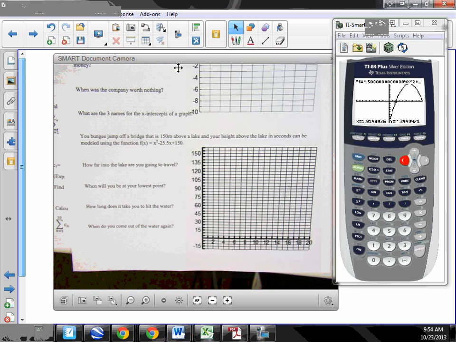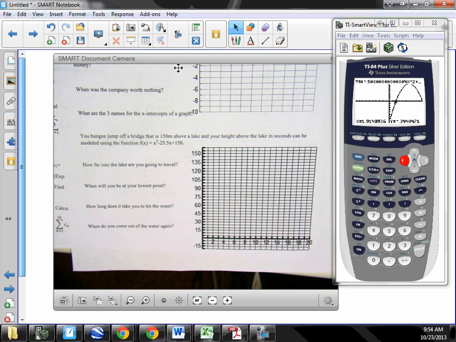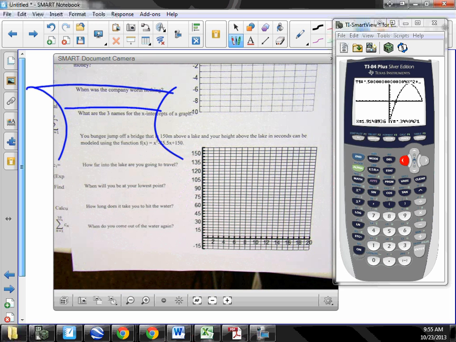You bungee jump off a bridge that is 150 meters above a lake, and your height above the lake in seconds can be modeled by the function f of x. So we have some kind of bridge. Beautiful. So you're standing on top of the bridge, and you're going to jump straight down.